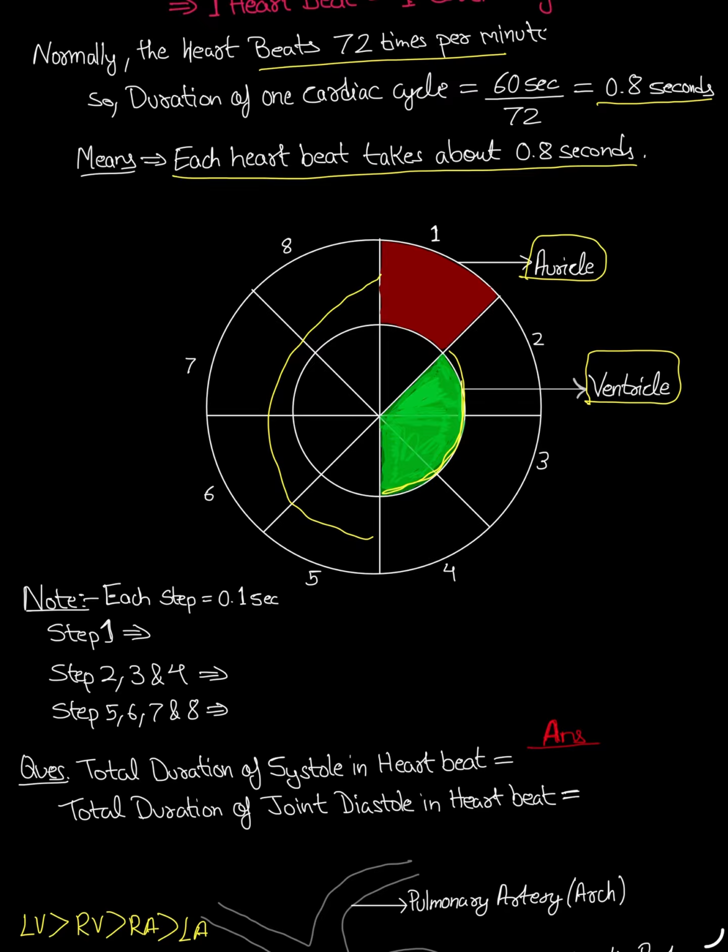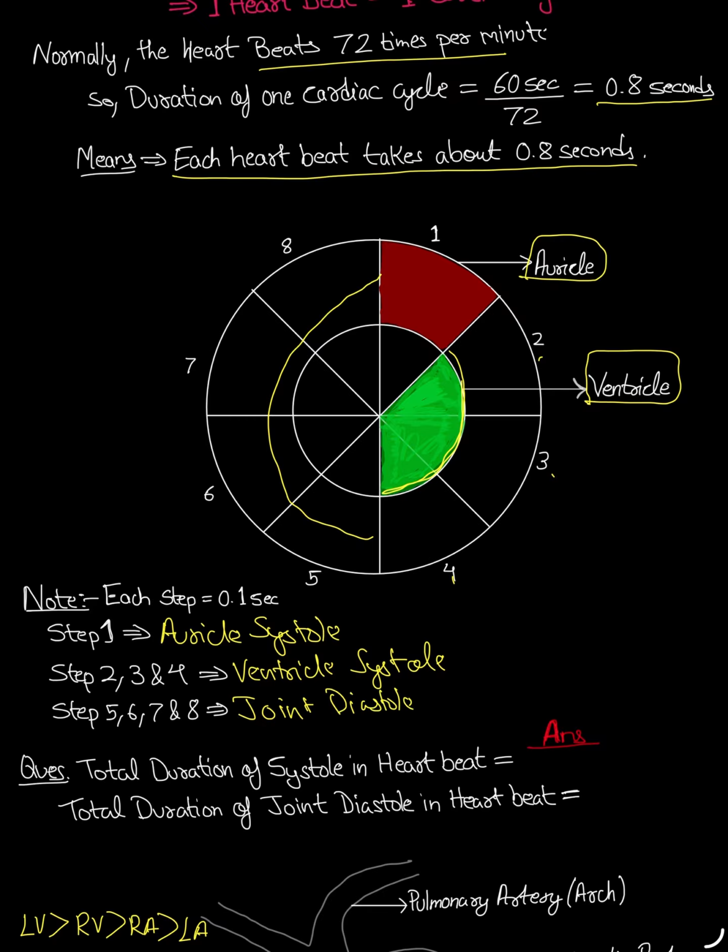If I ask how many seconds, first of all, step 1 is auricle systole. Write it down here. Auricle systole. Steps 2, 3, 4 are ventricle systole, and steps 5, 6, 7, 8 are joint diastole.